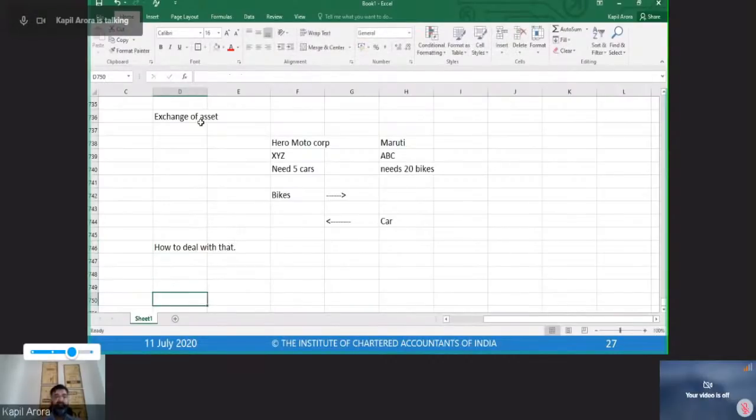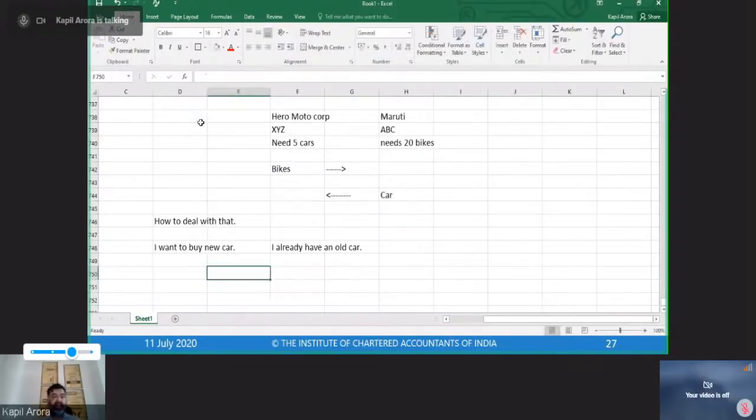Another thing could be, I want to buy a new car. I already have an old car. So what I did, I exchanged my old car with a new car, plus gave some money.